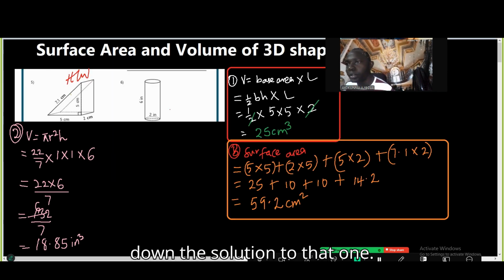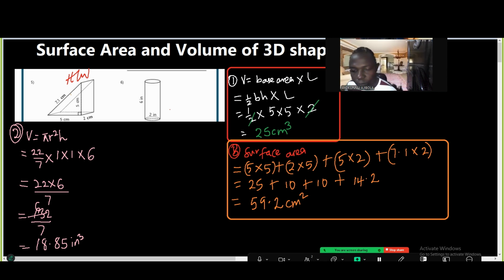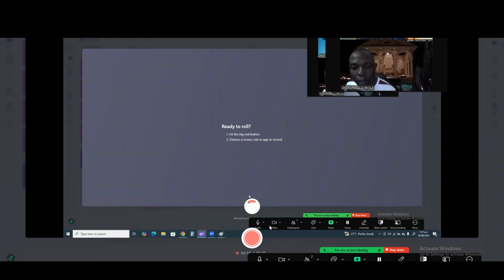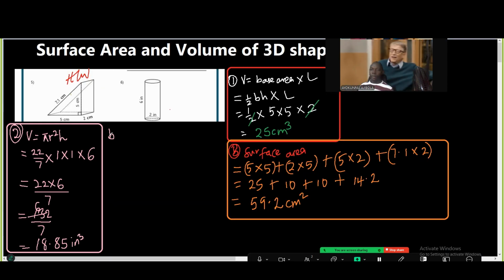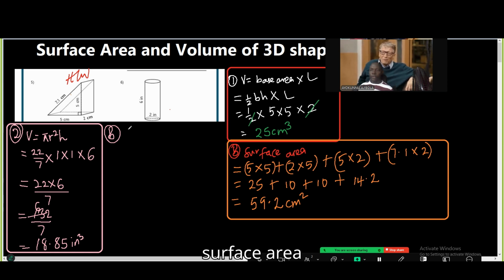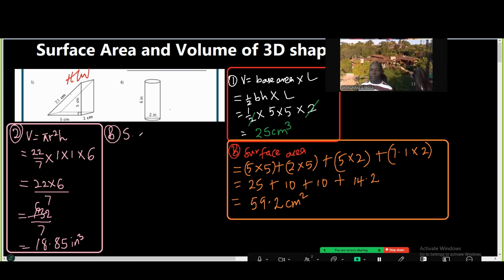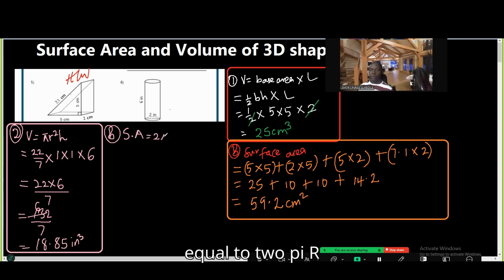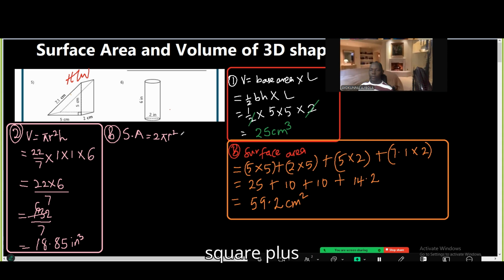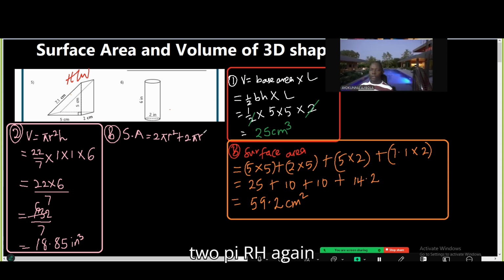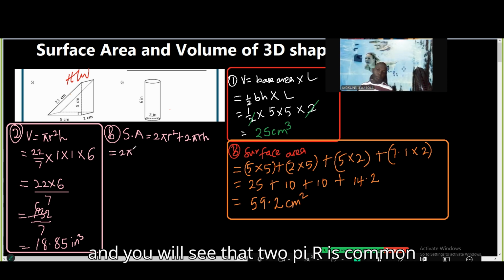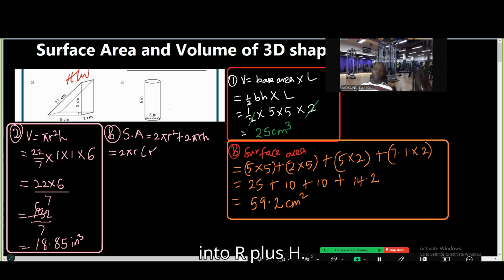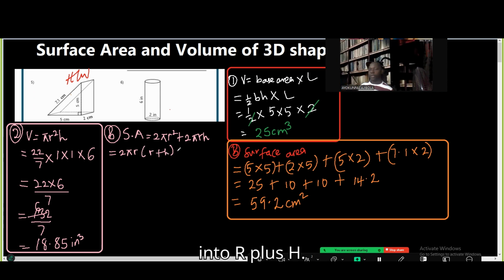Quickly write down the solution to that one. We have the surface area equal to 2 pi r squared plus 2 pi r h, okay? And you will see that 2 pi r is common into r plus h.